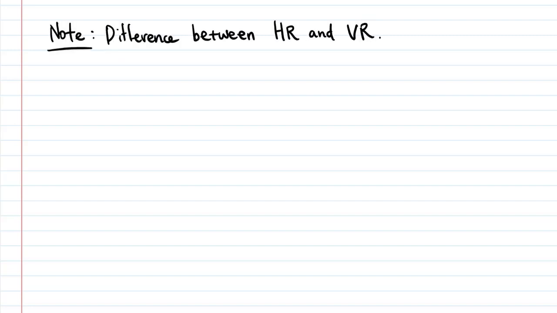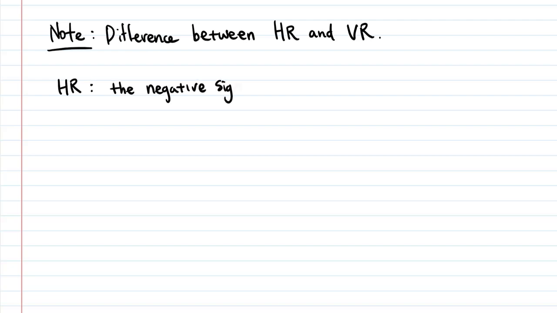Okay, before we move on to the last reflection type, I want to make a note that you have to understand the difference between the horizontal reflection and vertical reflection. So what is the difference between HR and VR, in other words, horizontal reflection and vertical reflection? Horizontal reflection is the one that has the negative sign inside the function.